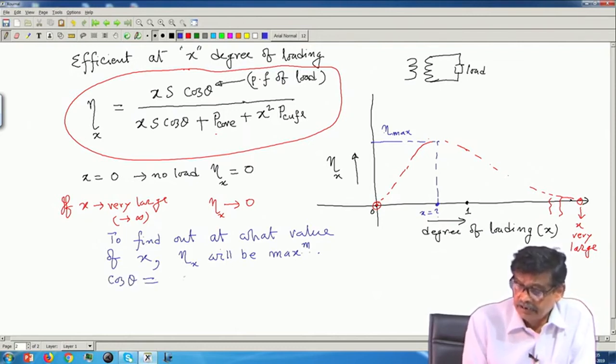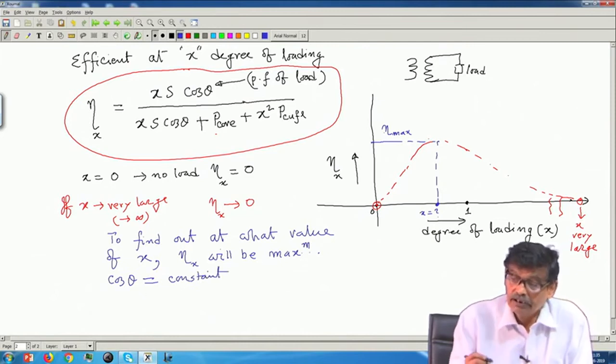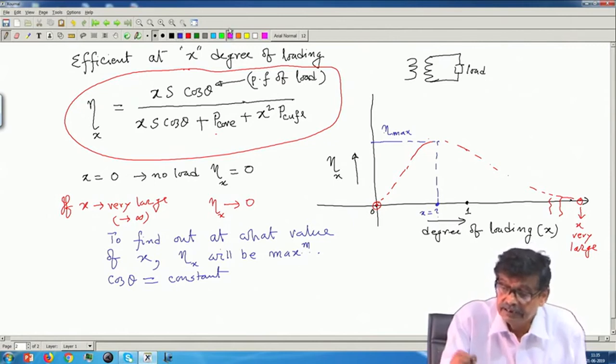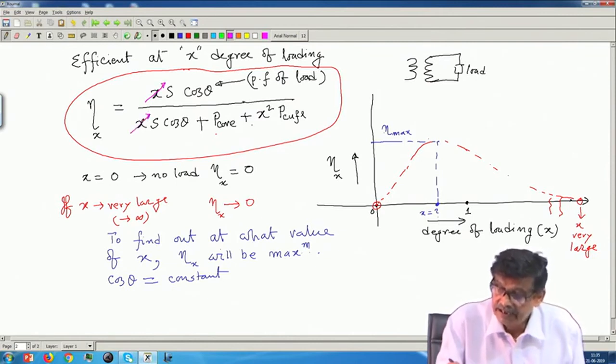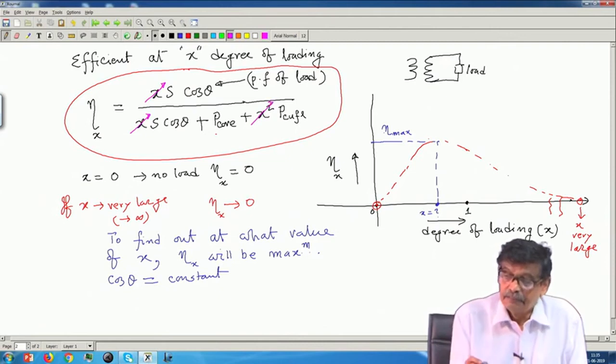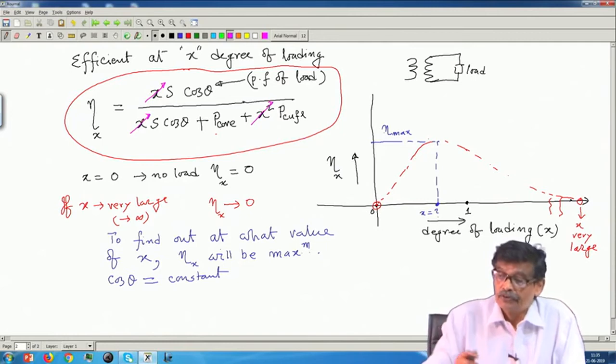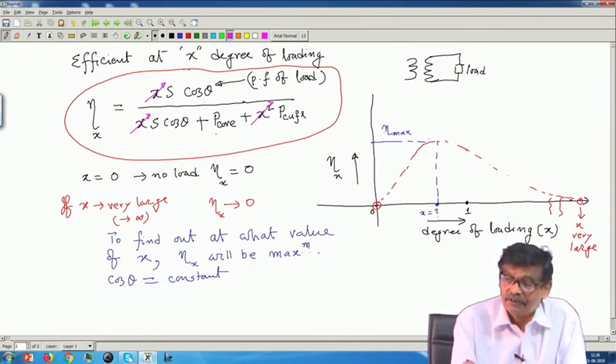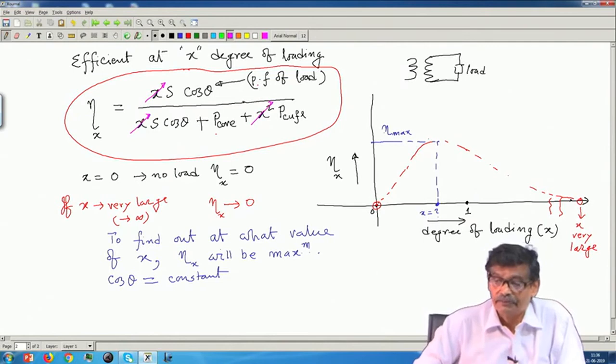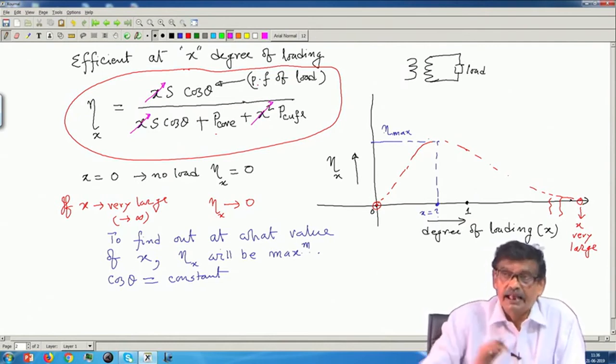Load power factor I will not change; I will keep it a fixed value of cos theta and only vary x. So, in this expression I will vary x, but other things remaining constant. S is of course rated kVA. So, cos theta is kept constant, P_CU full load. So, I will vary only x.